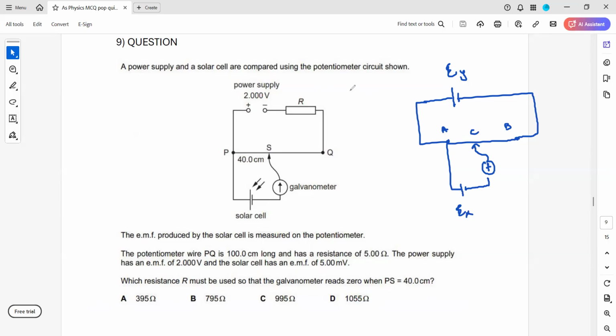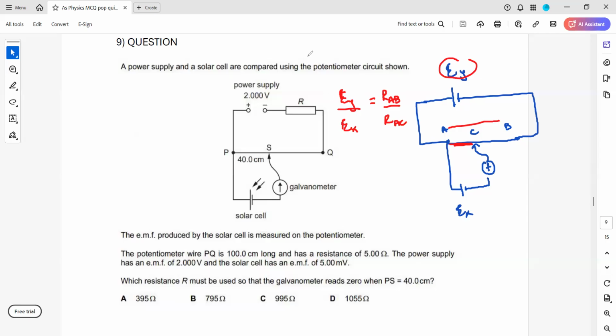So I can write a formula that EY over EX, the ratio for voltage, will be the same as the ratio of resistance. What is the total resistance of this section? It will be equal to resistance of AB divided by resistance of AC, like this section and this section. Because EY is across whole AB and EX is across only AC. So the ratio of the voltage and the ratio of resistance is the same in a potentiometer.